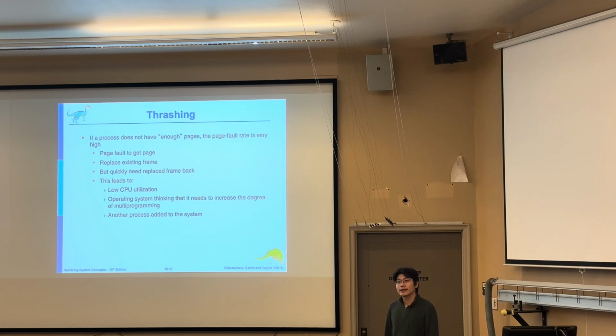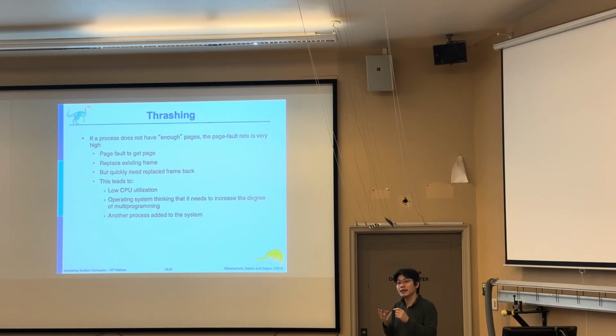One very contrived example is that suppose you have a process that accesses 3 pages, 1, 2, 3. And unfortunately, the amount of memory allocated to this process is just 2 pages. And more unfortunately, the memory access pattern of this process is 1, 2, 3, 1, 2, 3. It is a circular pattern.